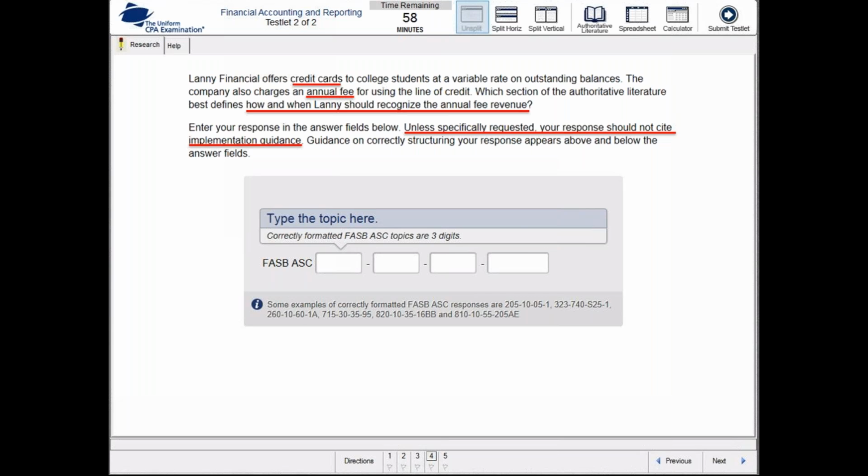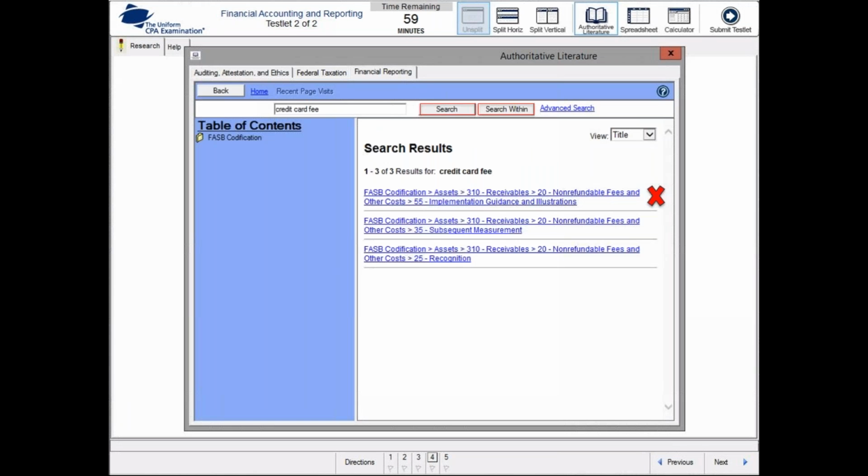And guess what? When we searched credit card fee, one of the items that showed up was implementation guidance and illustrations, that first piece of the codification. So they specifically told us not to reference that. So that already knocks out one of the answers that we possibly could use for this simulation.